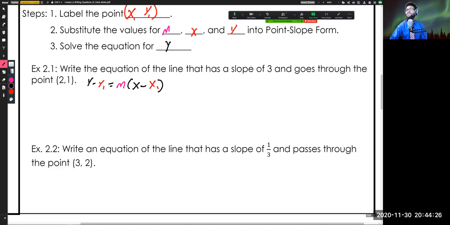And so we have this slope and this point. Our point here is this 2, 1. We have our y1 here and our x1 here. And then our slope is this 3. All right, so now let's actually go ahead and write this equation.